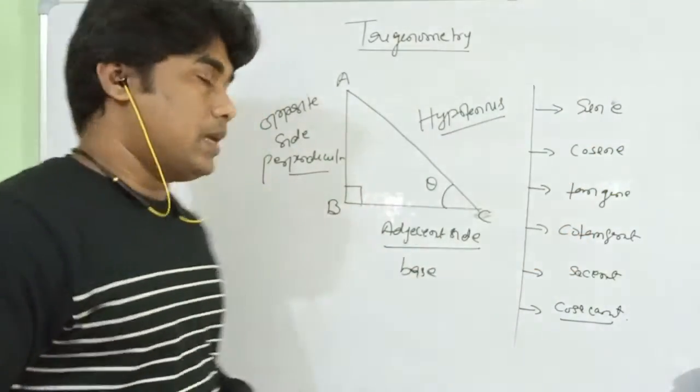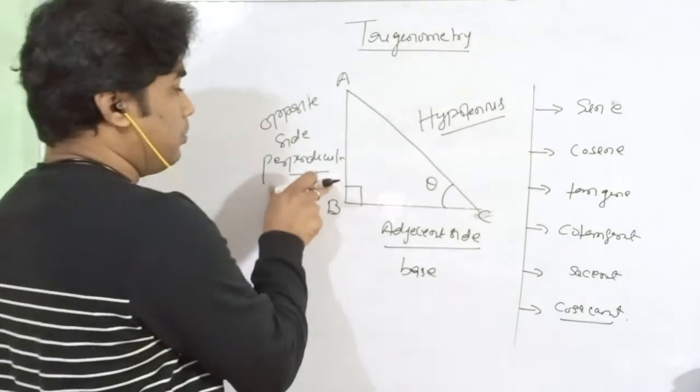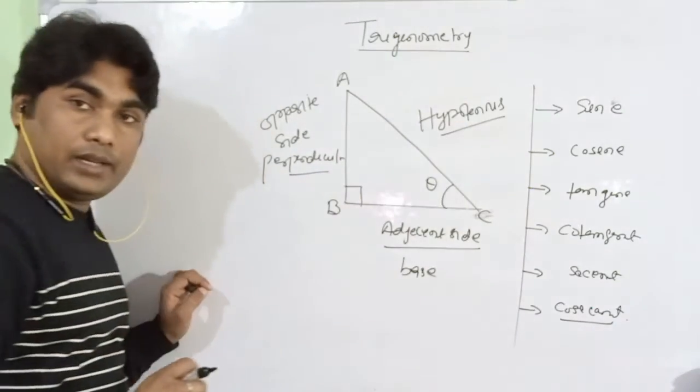Sin theta is establishing the relation between perpendicular and hypotenuse of a right angle triangle.